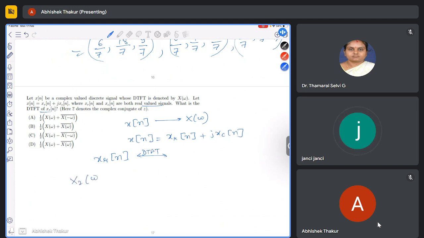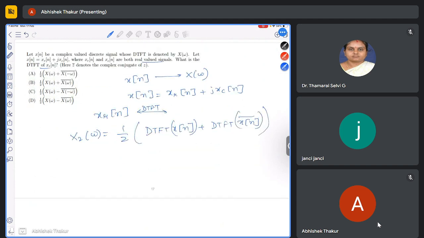So Xr of omega is equal to half of DTFT of x[n] plus DTFT of x[n] bar. So we know that X of omega is equal to sum of x[k] e to the power of minus j omega k.